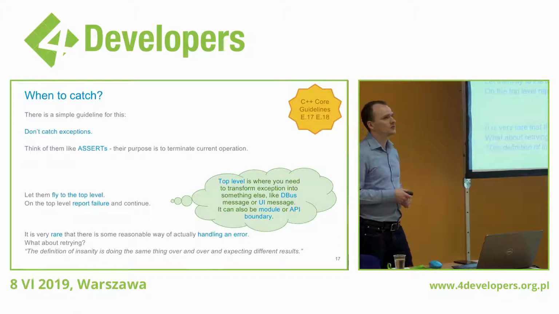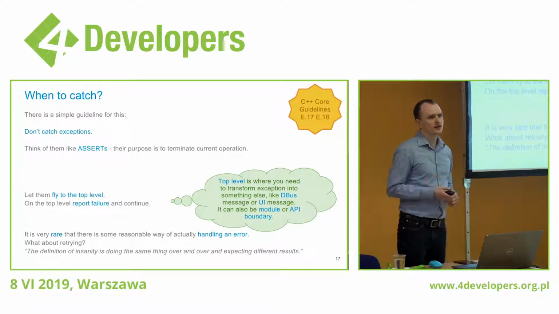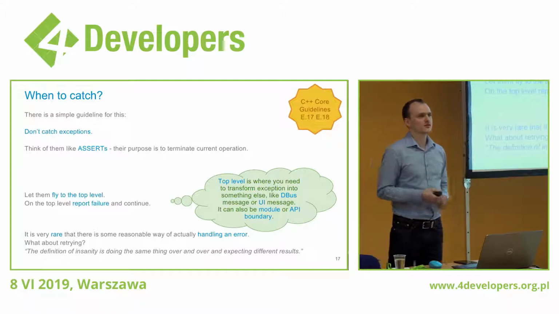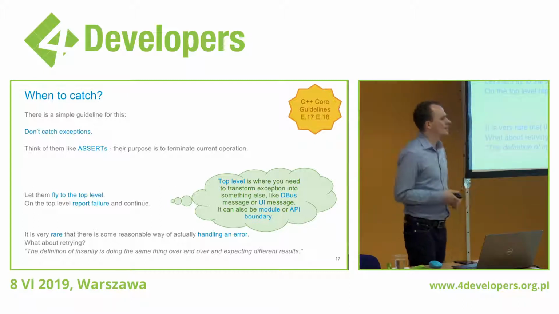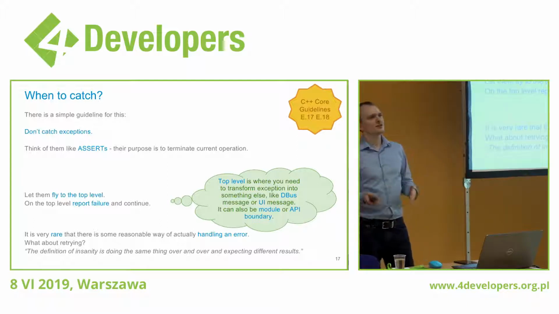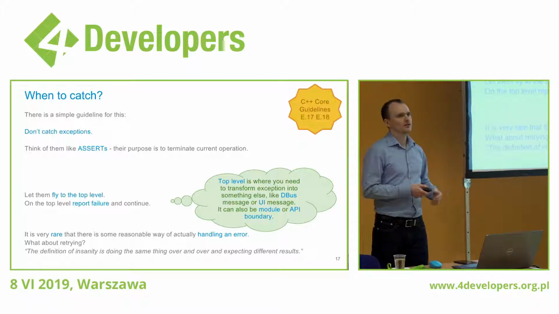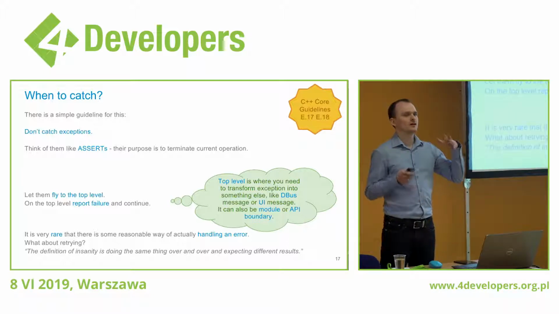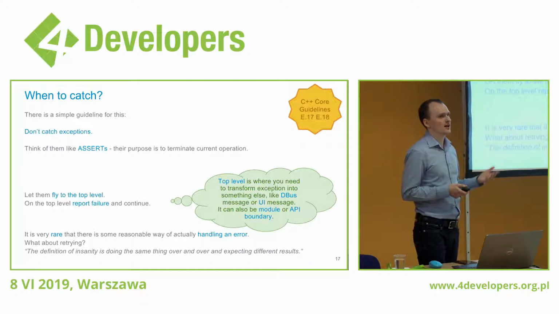Okay, so now when to catch? There is also a simple guideline for that. You should not catch exceptions. Exceptions are not meant to be caught. Exceptions are meant to terminate the operation that you are doing. We really should think about exceptions as asserts.